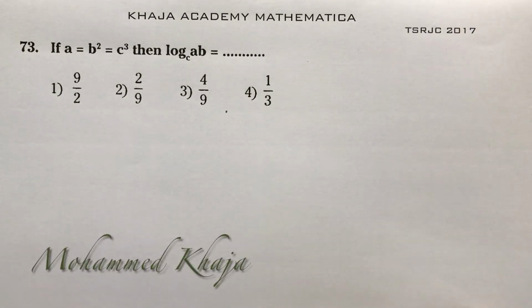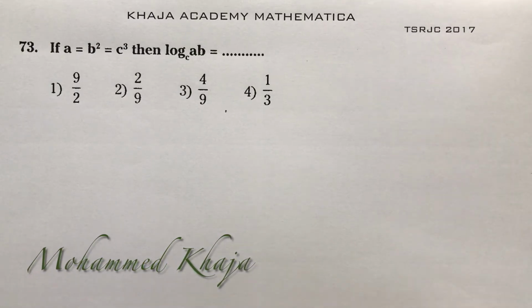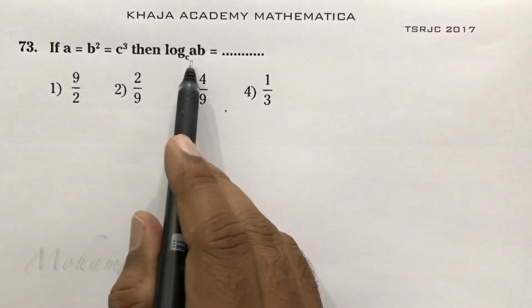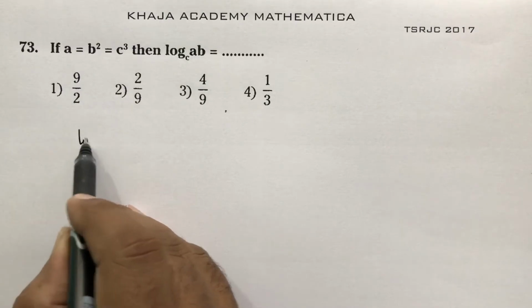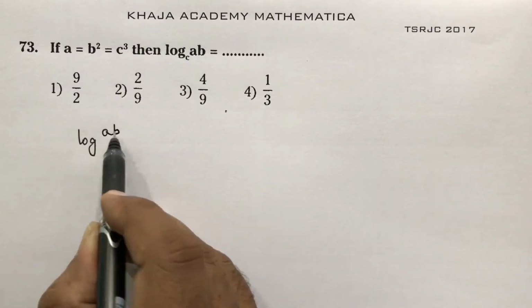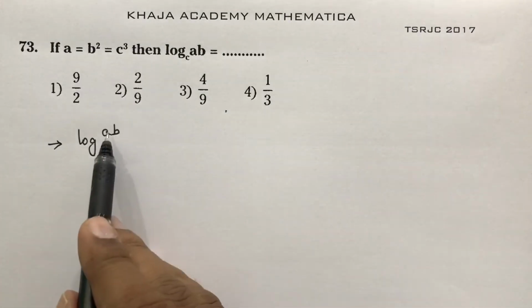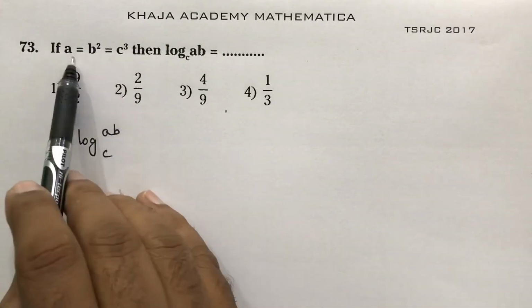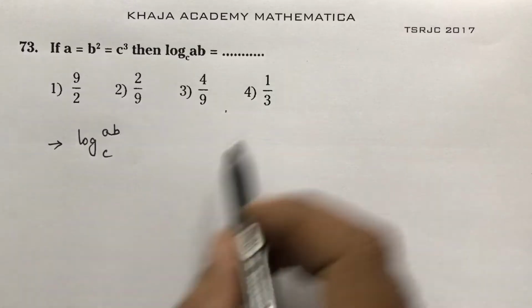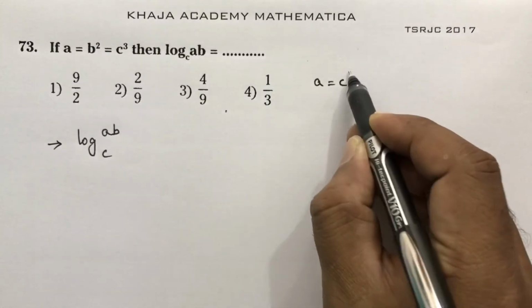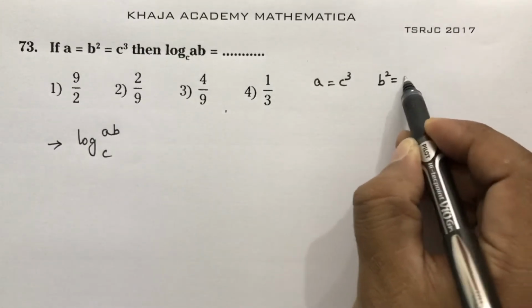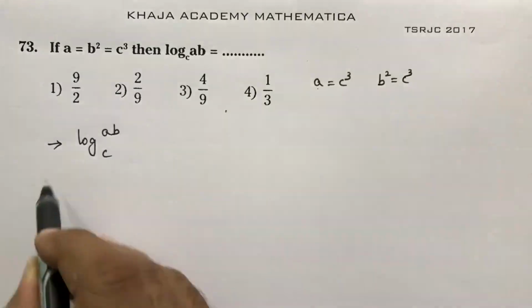If a equals b square equals c cube, then find the value of log ab to the base c. See here, log ab to the base c. The base is c, so try to change a and b also in terms of c. It's very clear. a you can write as c cube, and b square equals c cube. So a value is c cube.